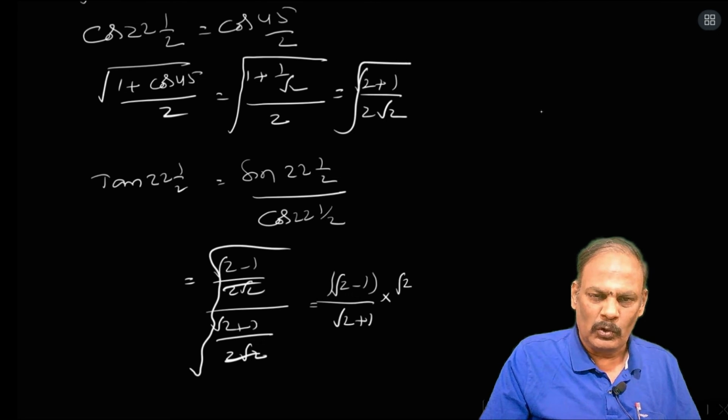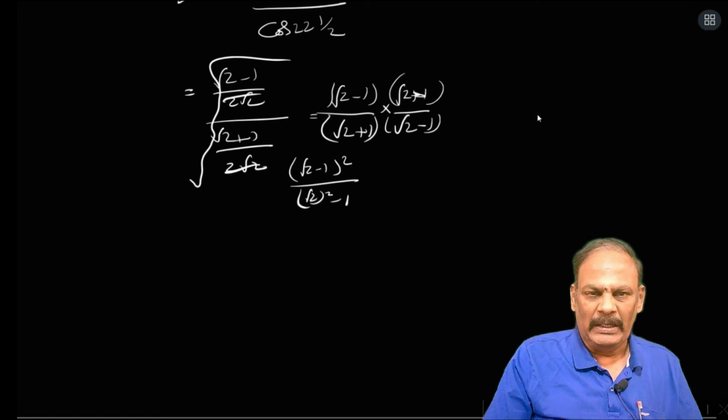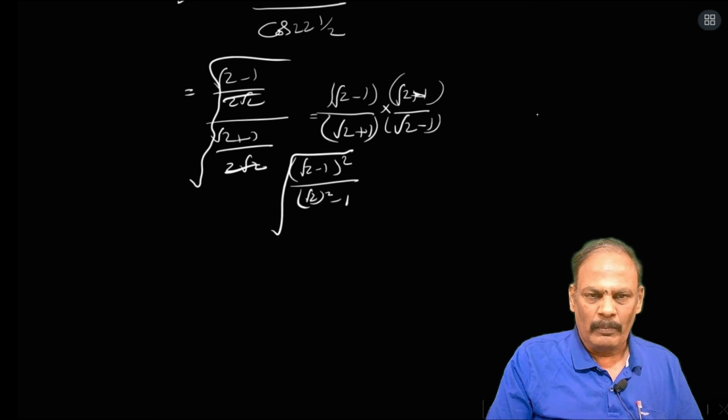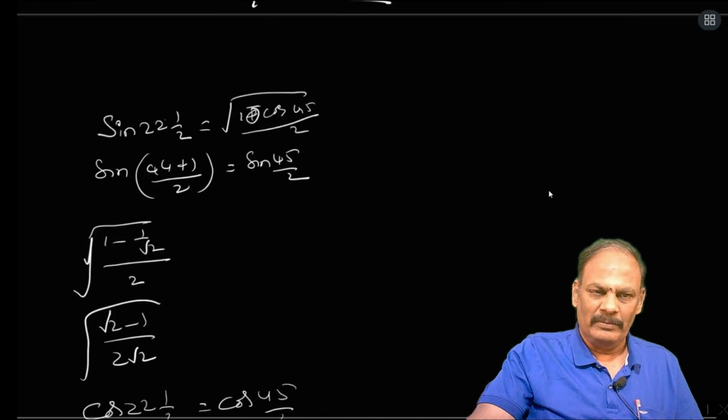Rationalizing the denominator, root 2 minus 1 whole square by root 2 square minus 1, that is root under root, that is root 2 minus 1. That is the value of tan 22 and a half.